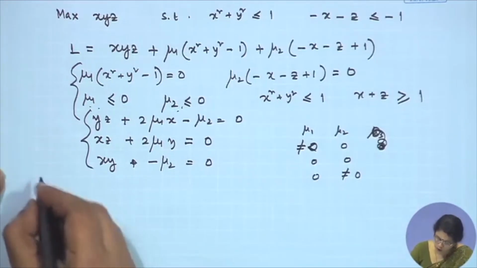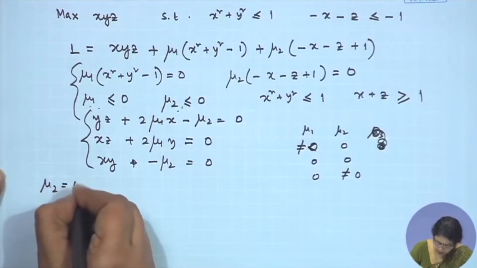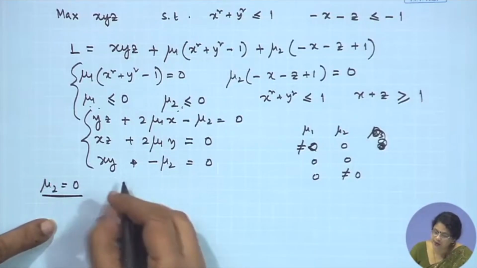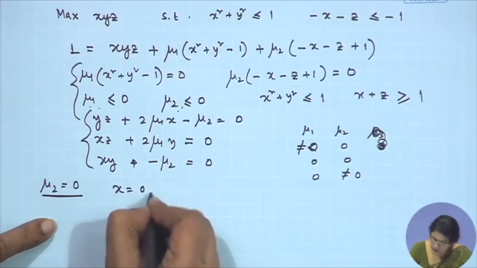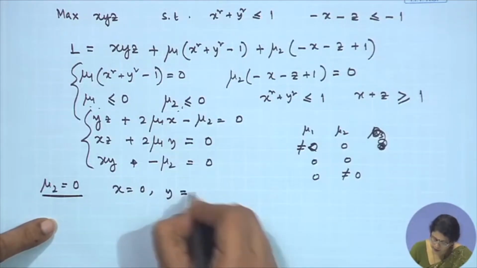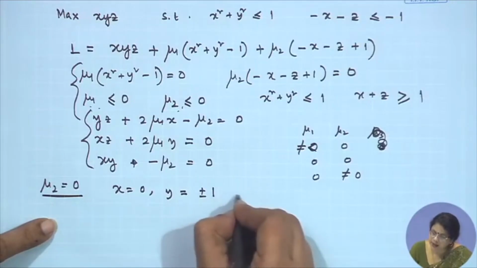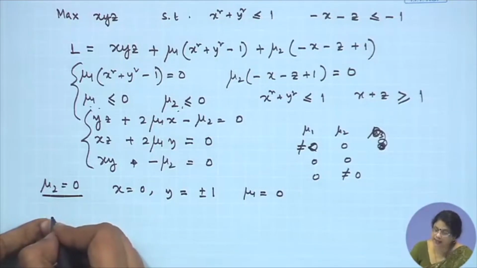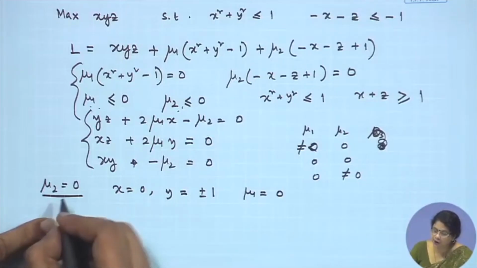If we solve with mu 2 equal to 0 and mu 1 not 0, we get the solution x is equal to 0, y is equal to plus minus 1 and mu 1 equal to 0. Just to check whether this is a KKT point or not.